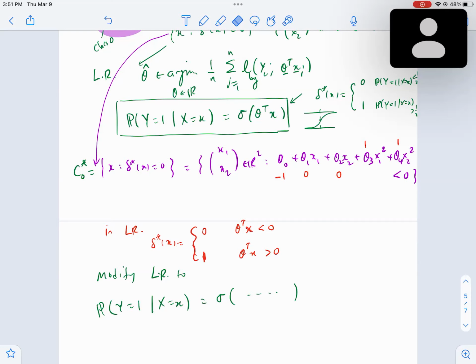I need something here such that when the argument is negative, that would be the class associated with class 0. So what should I plug in, which is then negative, for all x1 and x2 such that that holds? Anyone tell me?